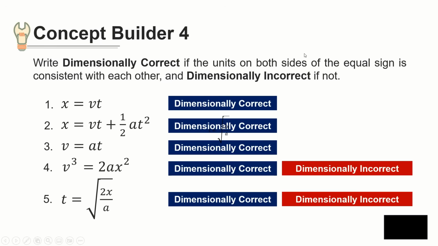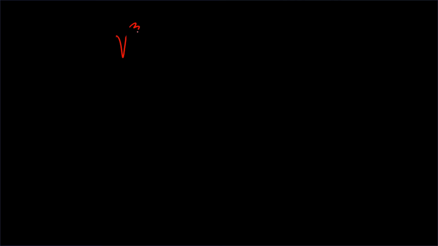So how about for number 4? So we have here v raised to 3 is equal to 2ax squared. So, paano natin siya isosolve? So, again, we have here v cubed is equal to 2ax squared. So, ang unit ni v is meter over second or meter per second, and then naka-cube siya.